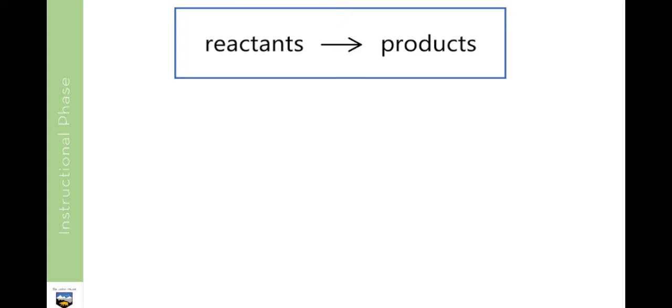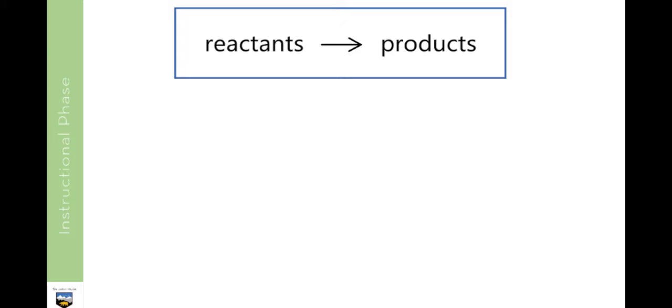Right, we know that with chemical reactions, rather than writing out a whole paragraph about how we reacted magnesium with oxygen and it reacted to make magnesium oxide, we can actually use word equations to show chemical reactions. We know on the left-hand side of the arrow, we have the reactants, the chemicals that react, hence the name reactants.